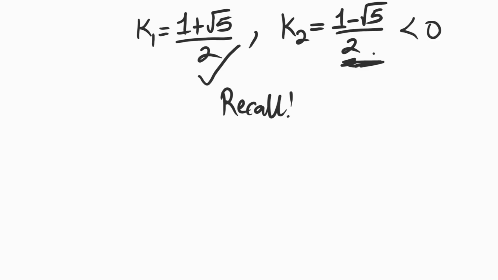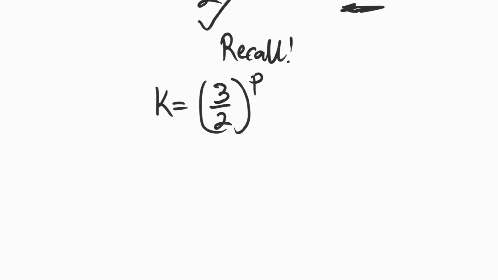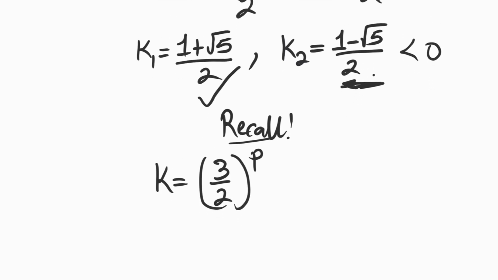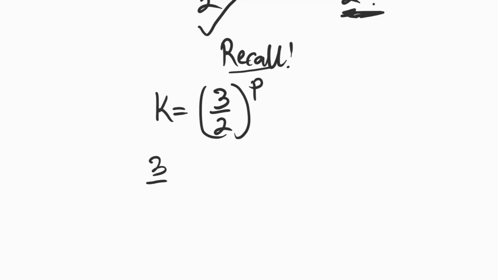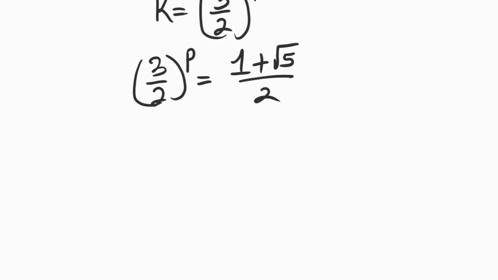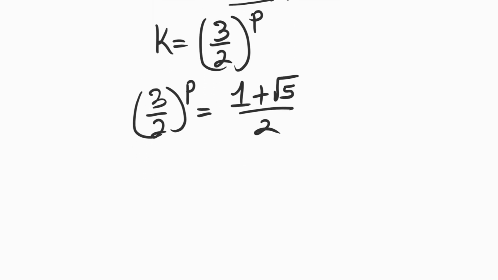Now, we know that our k is equal to 3 over 2 raised to the power p. Now, what's the value of k? 3 over 2 raised to the power p is equal to 1 plus root 5 divided by 2. Now, to find the value of p, what we're going to do is to apply log to both sides.